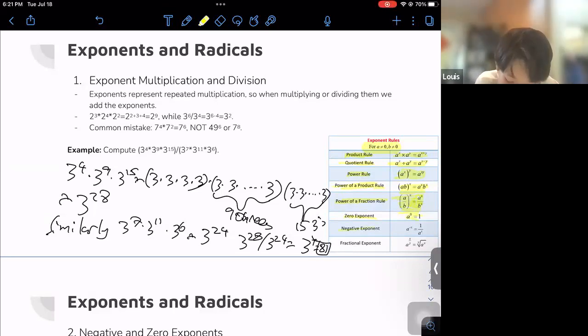The negative exponent, where x is a positive integer: A to the negative x equals 1 over A to the x. And the fractional exponent is A to the x over y equals the y-th root of A to the x.